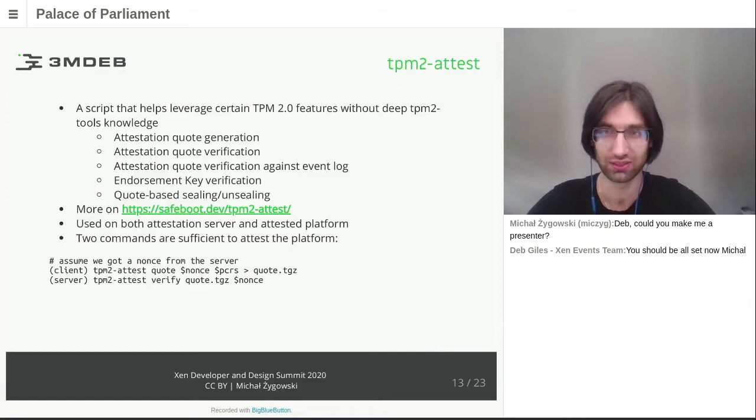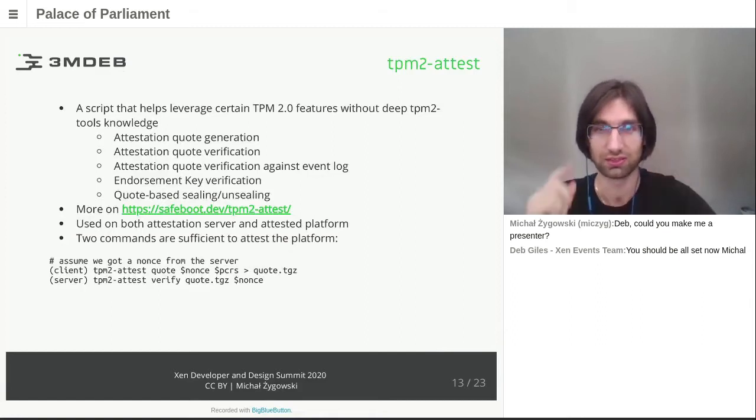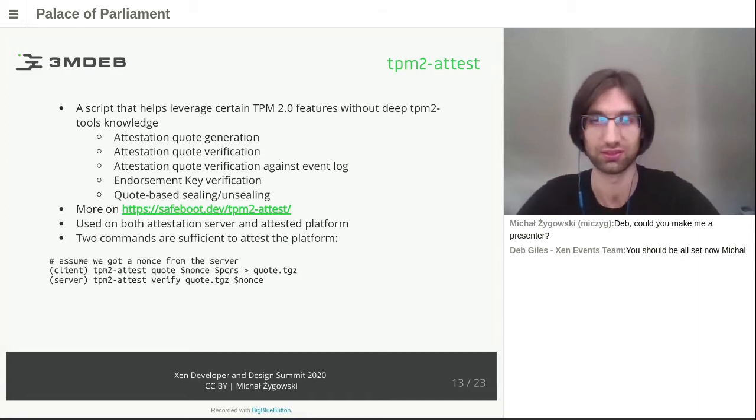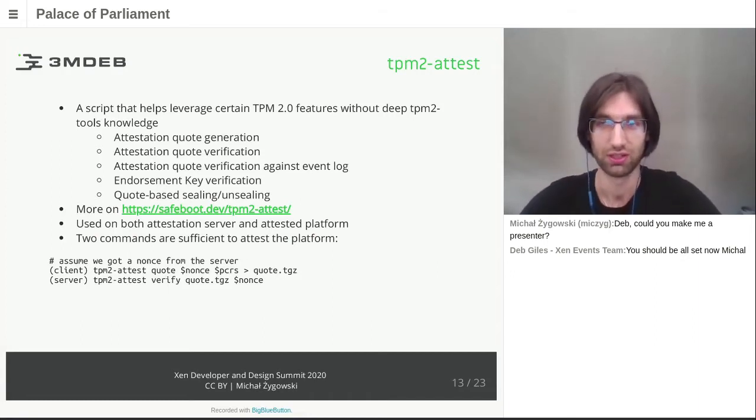So how does this attestation look? Safeboot offers a script that leverages certain TPM 2.0 features, which may be quite hard to understand without some deep TPM2 tools knowledge. But in short, what it does is it prepares an attestation quote.